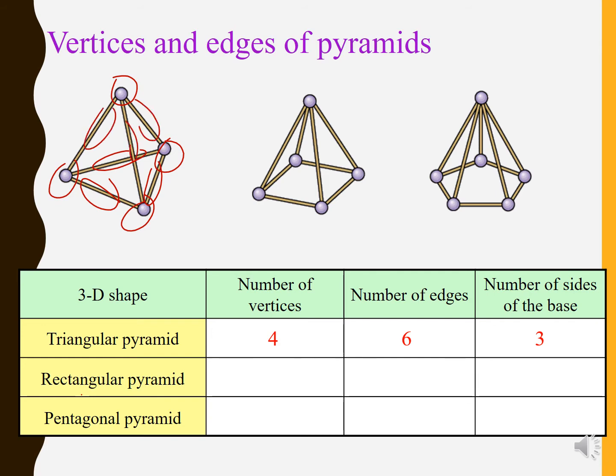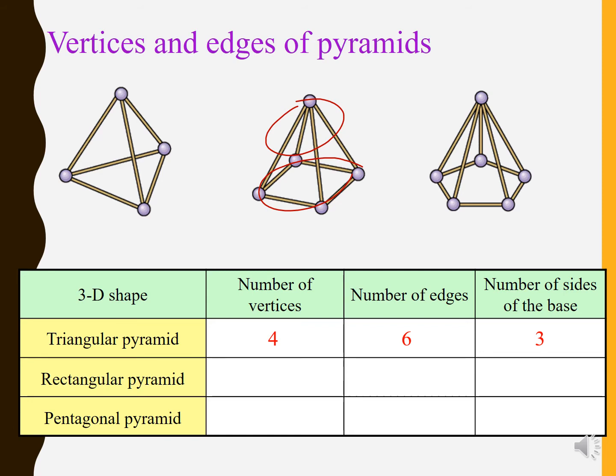And the number of sides of the base, as it is a triangle, is 3. For the rectangular pyramid, for the vertices, 1, 2, 3, 4 at the bottom plus 1 on top, the pointed top, so we have 5. And the number of edges, we have 4 at the bottom, another 4 going up to the top, so we have 8. And the number of sides of the base is 4.